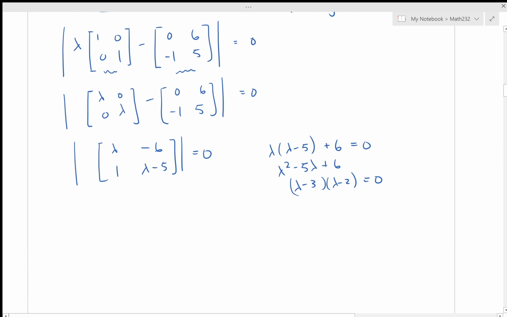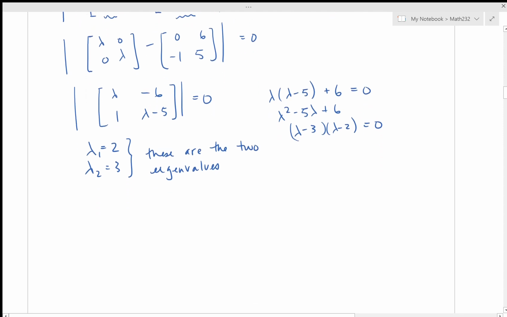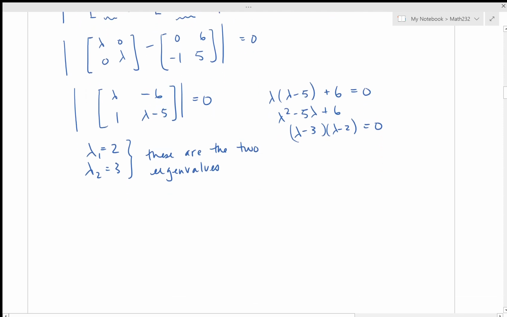They are lambda 1 equals 2 and lambda 2 equals 3. Just for some nomenclature, P of lambda equals lambda squared minus 5 lambda plus 6 is called the characteristic polynomial.